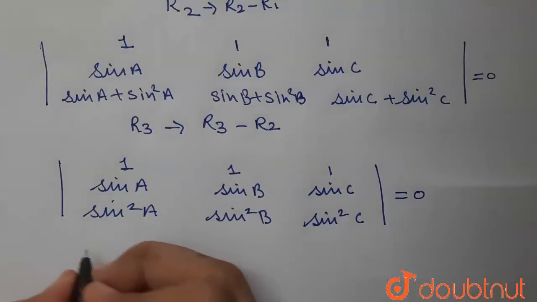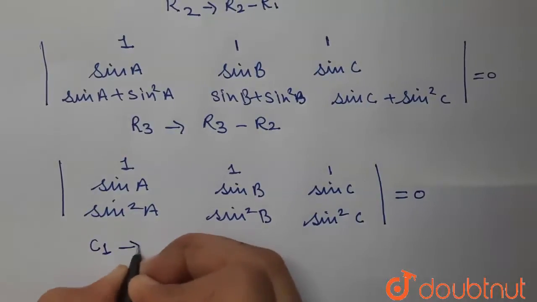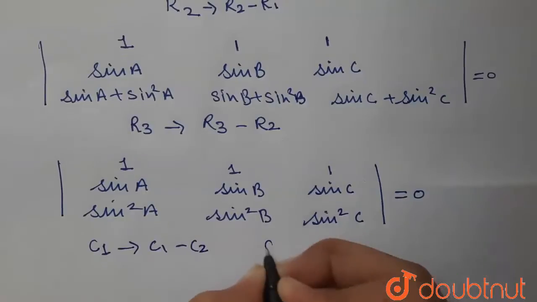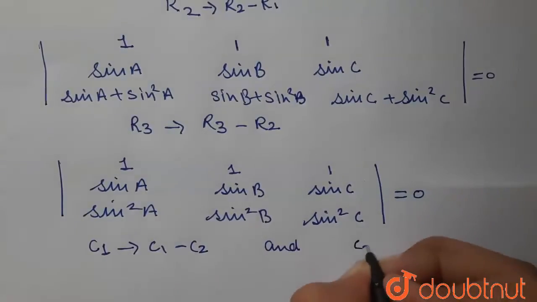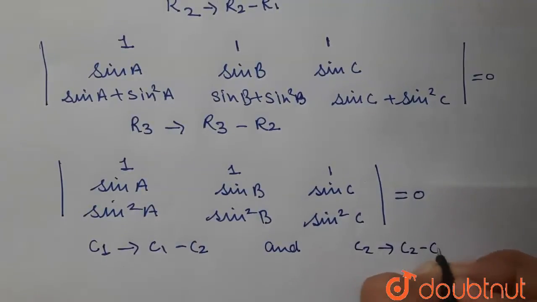Okay, now we will apply C1 tends to C1 minus C2, and we will apply C2 tends to C2 minus C3.